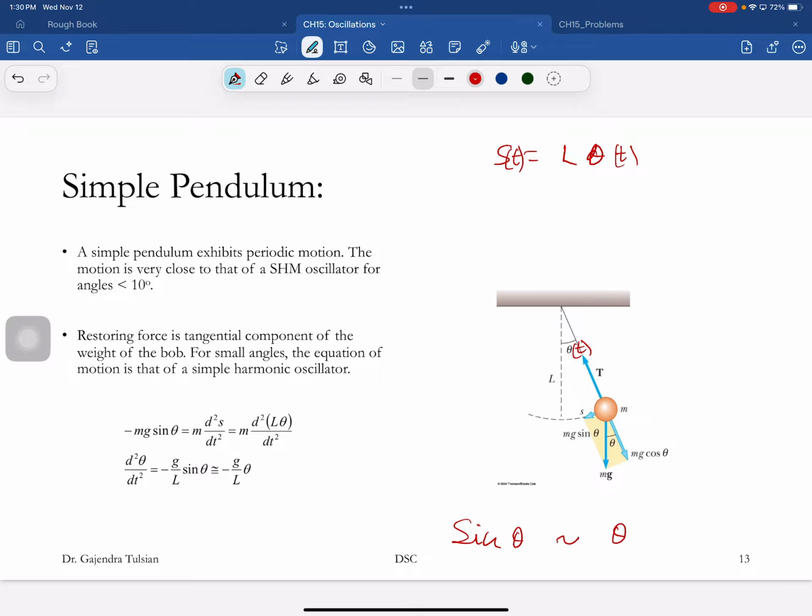How much is 0.1 radian? What is 1 radian? About 60 degrees. So 0.1 radian is about 6 degrees. As long as you're not going past 6 degrees, sine theta is equal to theta, and you get the same differential equation.